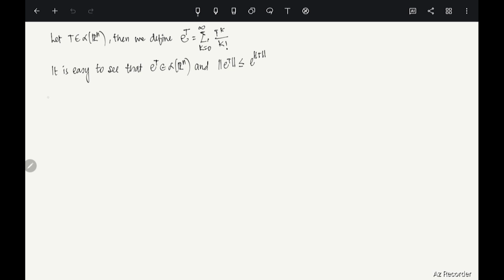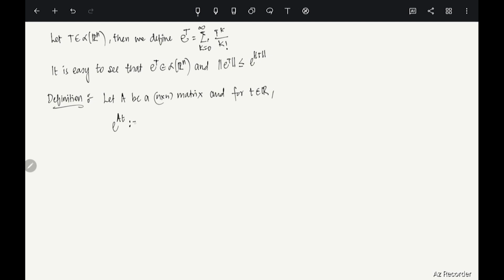So we'll write down a definition here. Definition: let A be an n cross n matrix. We know that any linear operator is nothing but an n cross n matrix. So I am starting with A, which is an n cross n matrix, and for t in R we define e power At.